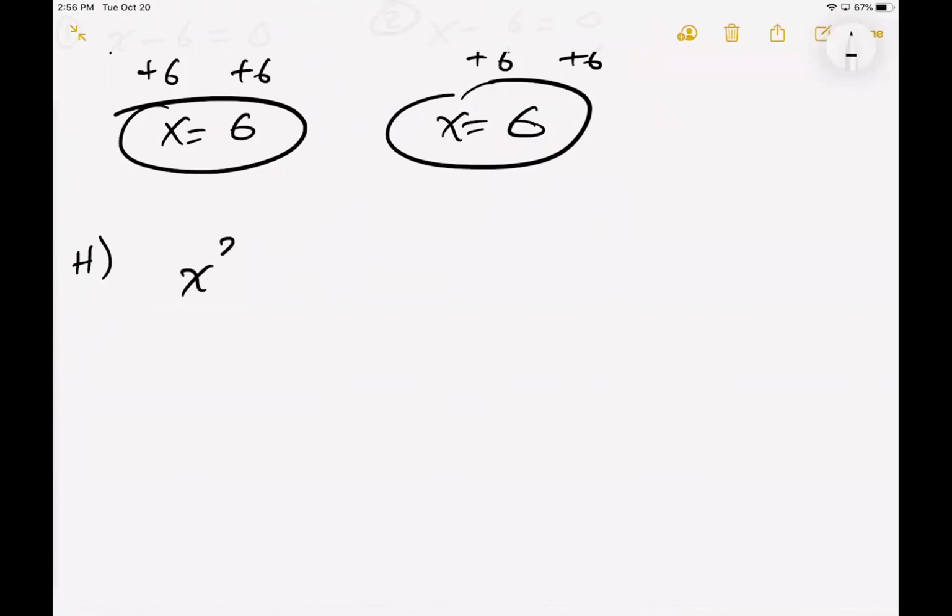Let's say x squared minus 11x minus 7 negative x.